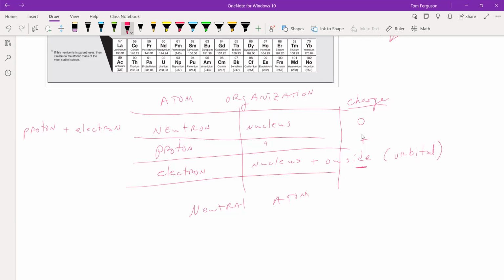Okay, so atoms exist in two forms. One form is a neutral atom. A neutral atom means that there's no charge.